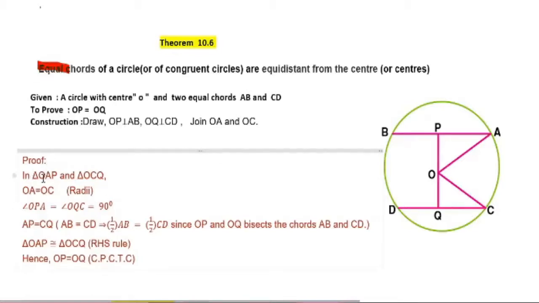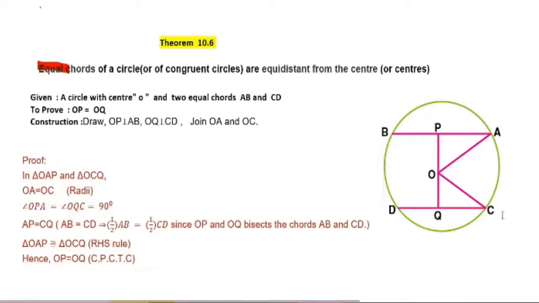Now we will come to the proof. In the proof we will take two triangles and then prove that these triangles are congruent. As in previous theorems, here also we are using the concept of congruency. So in these two triangles OAP and OCQ, we can write OA equal to OC.